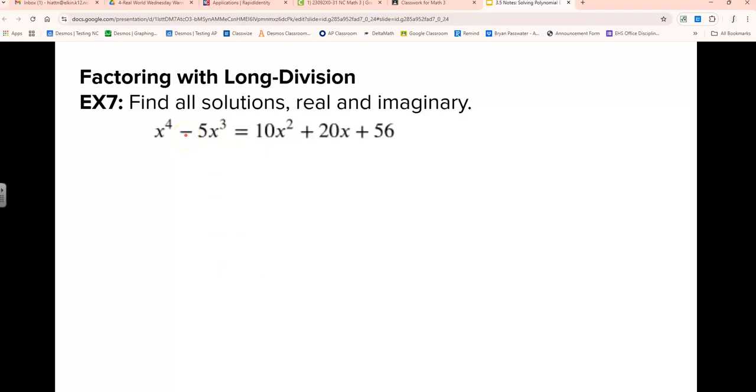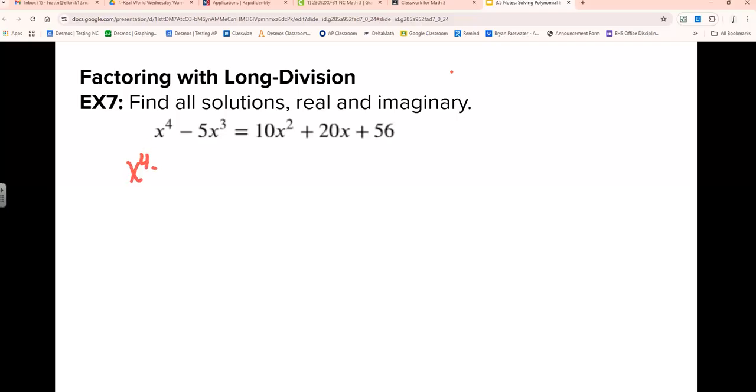Now, something like this is going to be the most difficult. Clearly, like it looks bad, right? So let's do one of these, because this is the I'm going to make 100 on the test problem, right? Here. And what you would have to do in this case, the first thing you really want to do, no matter what, move everything to one side. I'm going to suggest, even though you got to move more things, moving everything over here.